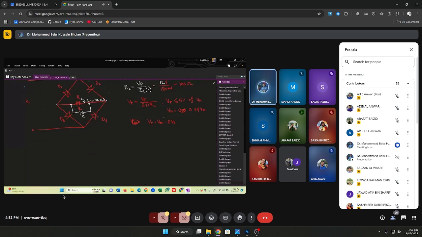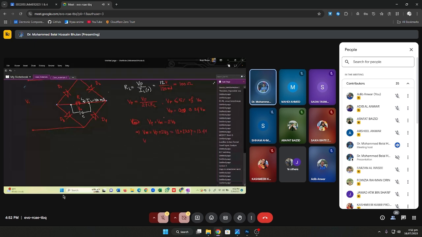So that gives us VM equals VP plus 2VD. We know VP is 12 volt, and VD, if you consider a silicon diode, is 0.7, so 2 times 0.7. That gives us 13.4 volt.